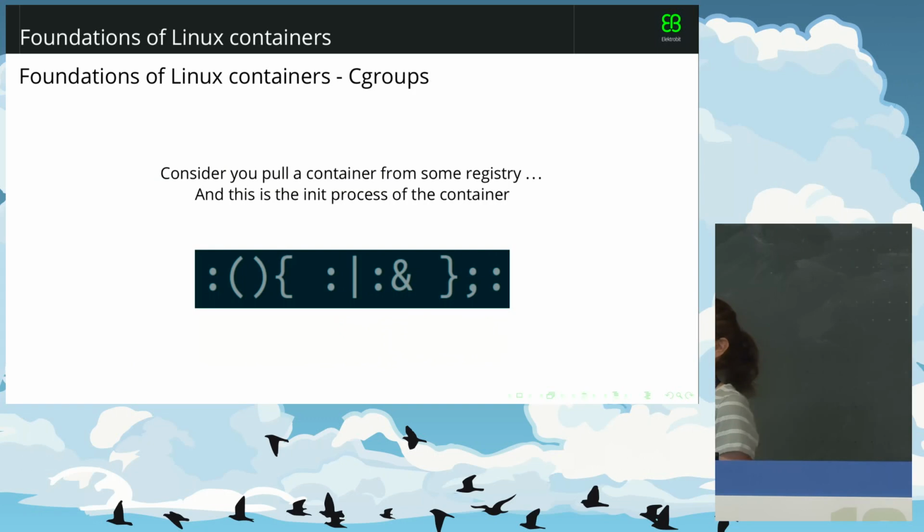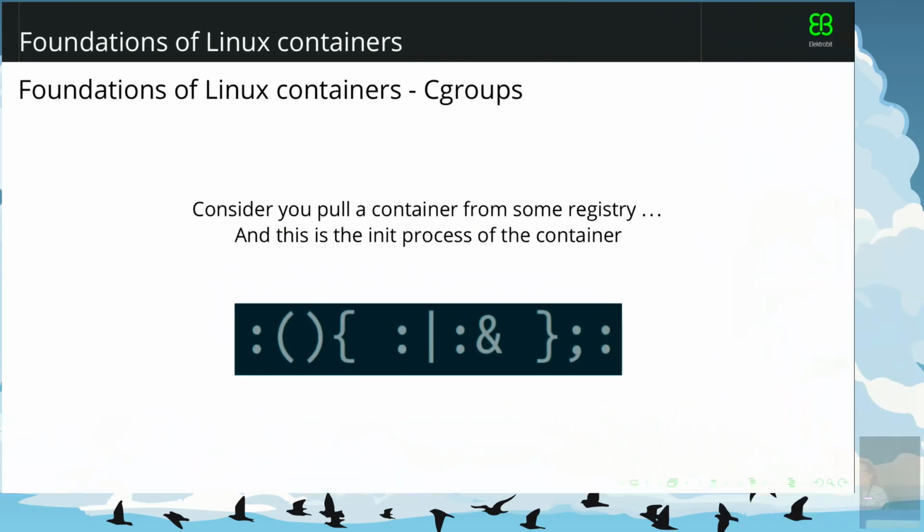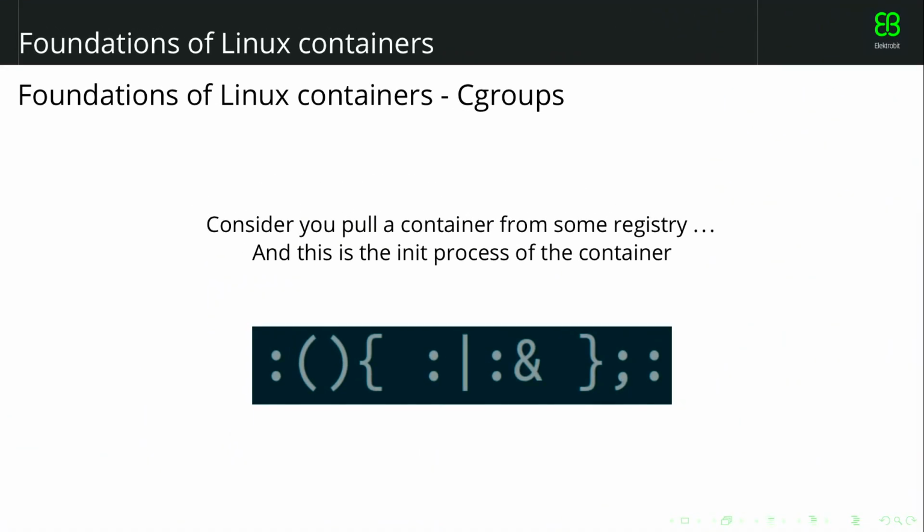Okay, we have isolated resources like networking and so on with our namespaces already, but we have not declared yet what our process is allowed to do, or how we can limit the process to nonetheless harm us.